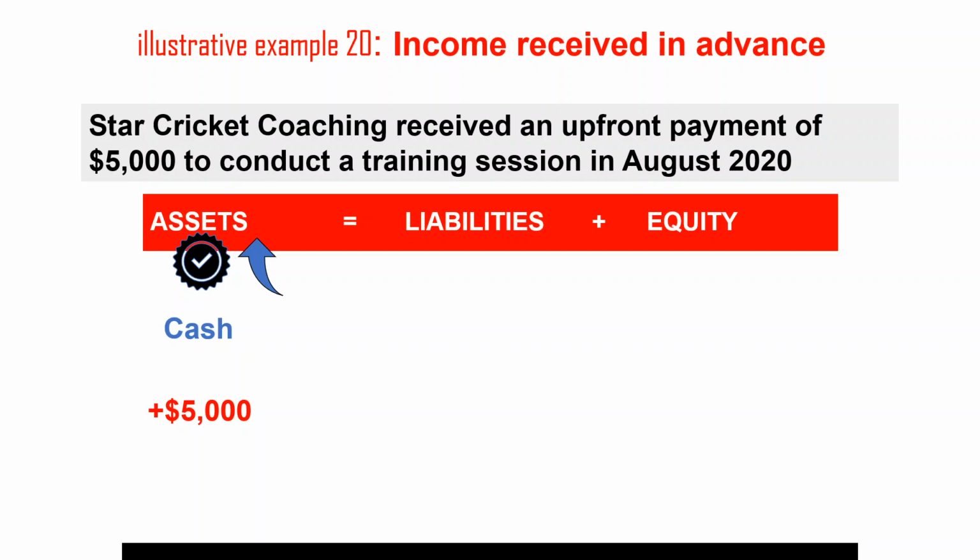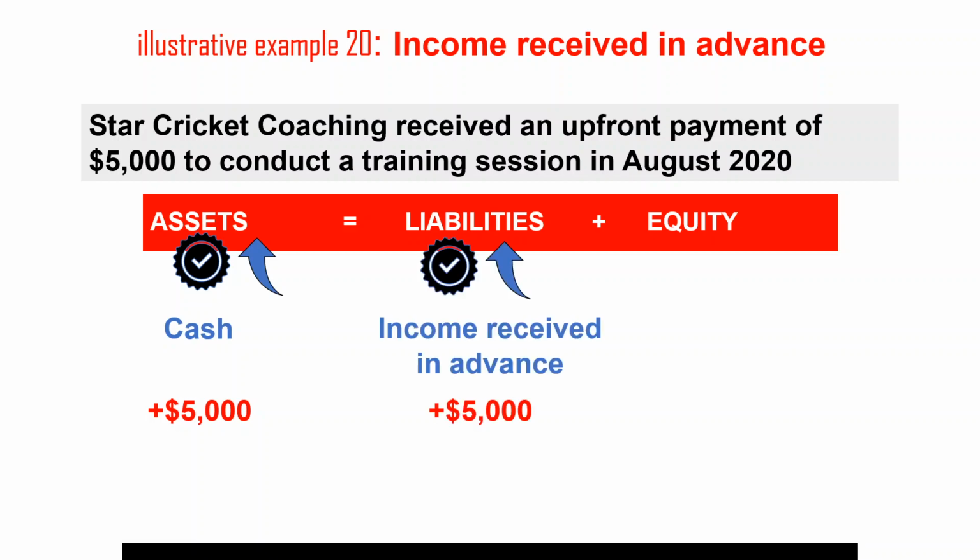However, service is not yet provided and it is scheduled in August 2020. That means in the next accounting period. So it creates a present obligation in the current reporting period. Therefore, liability goes up by $5,000.